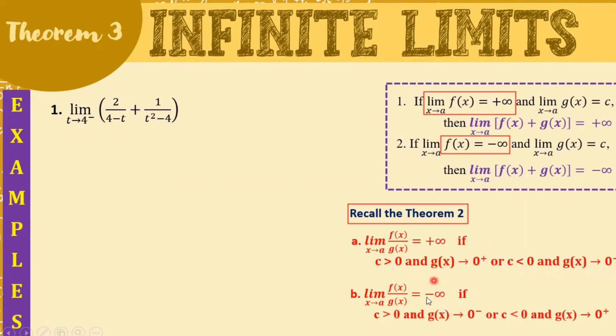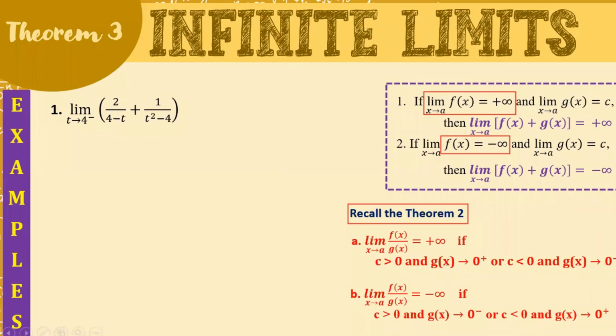Magiging negative infinity naman siya if c is greater than 0 and g of x approaches 0 minus, or c is less than 0 and g of x approaches 0 plus. So, recall lang natin si Theorem 2 kasi ito yung gagamitin natin to find the f of x.